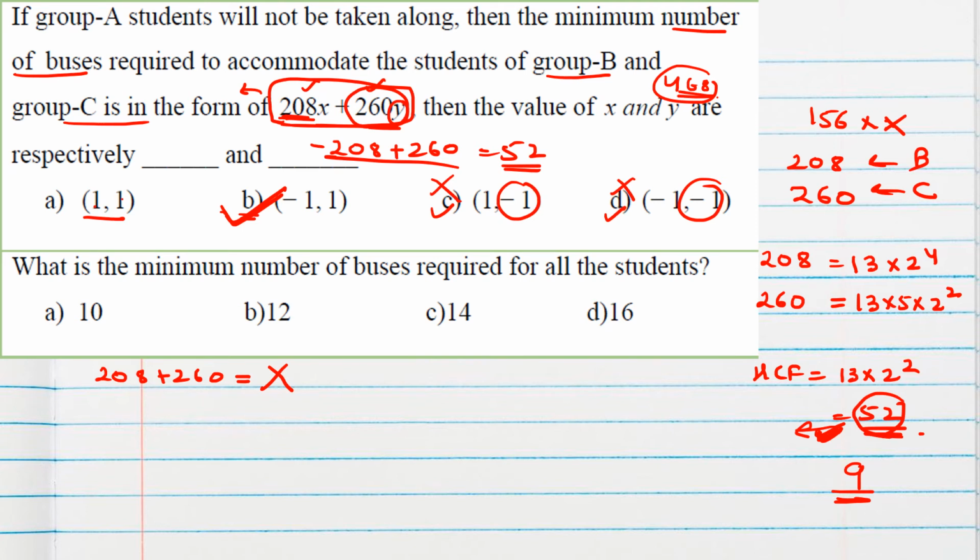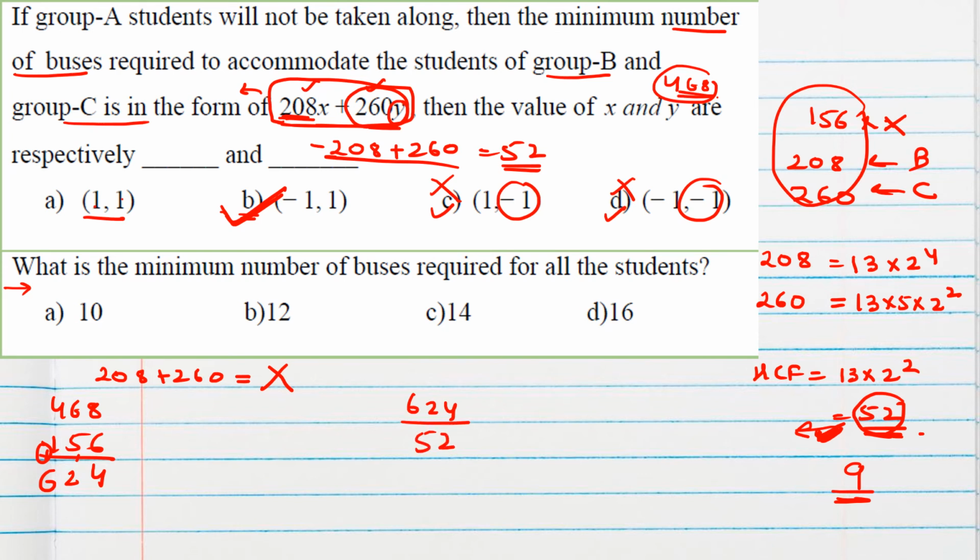Okay. Then what is the minimum number of buses required for all the students? So for this we have to add all the students in each group. Okay, so B and C is 468, plus A if you add, so we'll get 624 total students, and in each bus 52 is the HCF, 52 students we should accommodate.